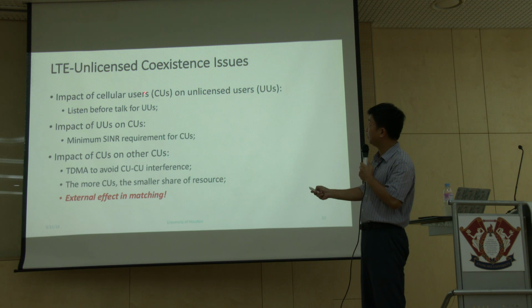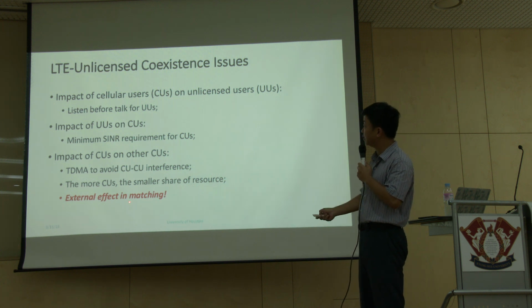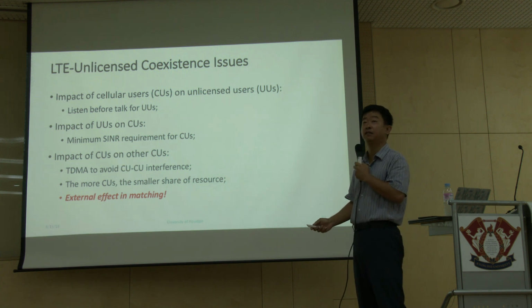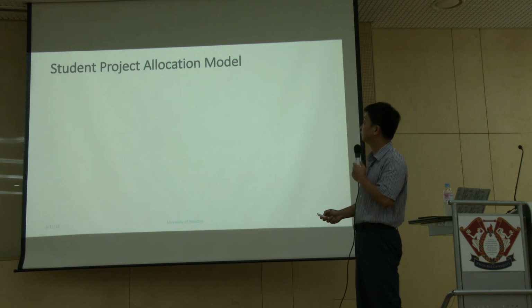And if more cell phone users and unlicensed users are there, this channel will become crowded, and then the channel will not be good. So we have the external effect in this case. The user's preference list for this channel will be affected by the other users' actions.